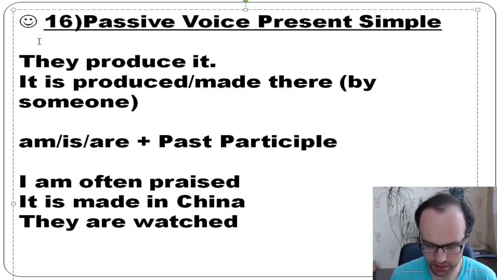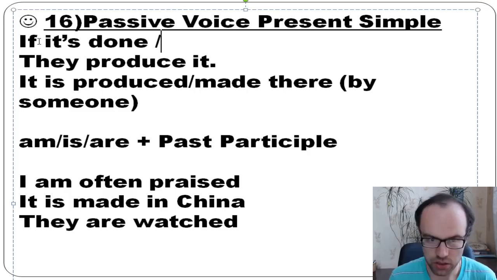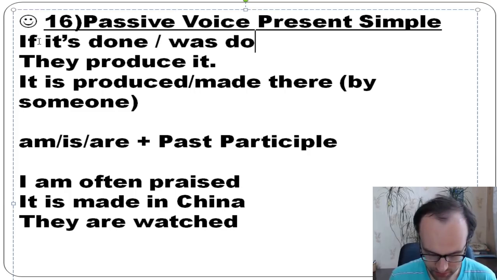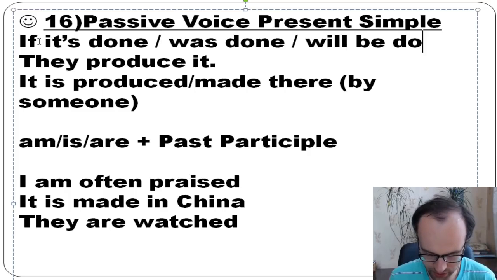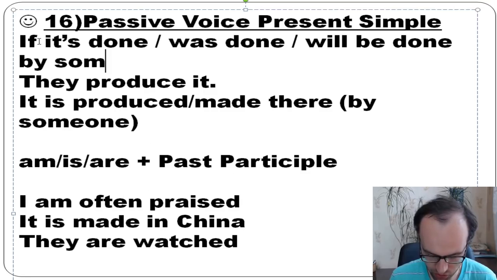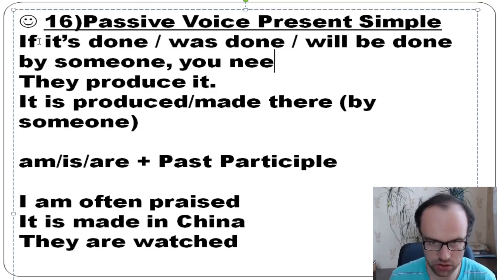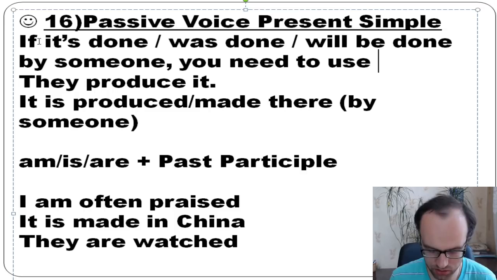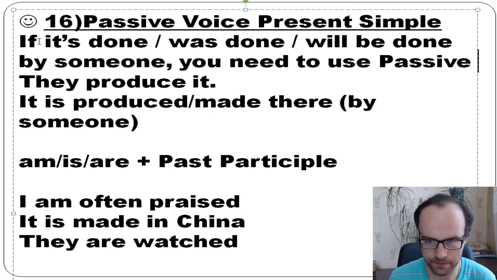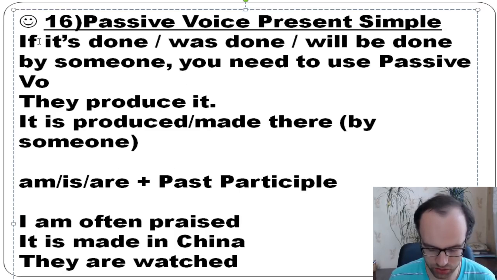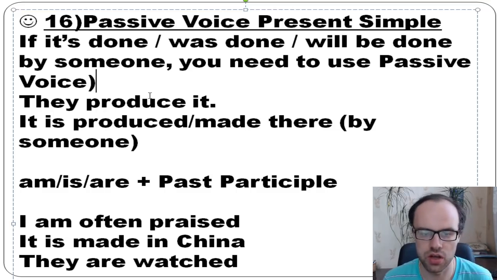So if it's done, if it was done, if it will be done by someone, you need to use passive voice, so present, past, and future. Look, they produce it, and it is produced there means by someone. It is made there by someone.